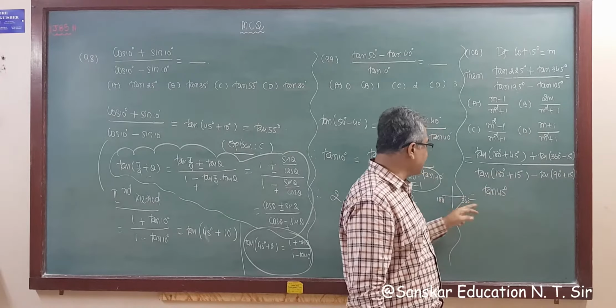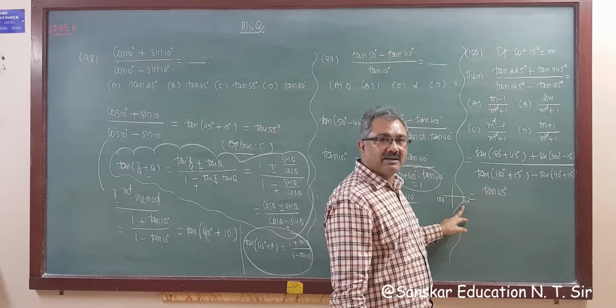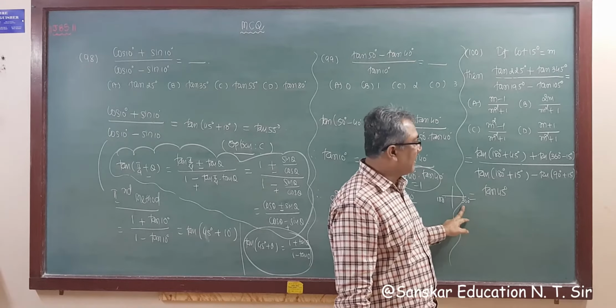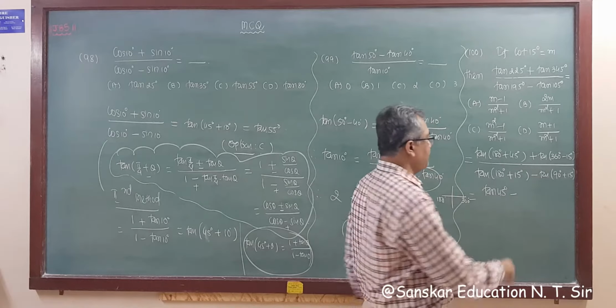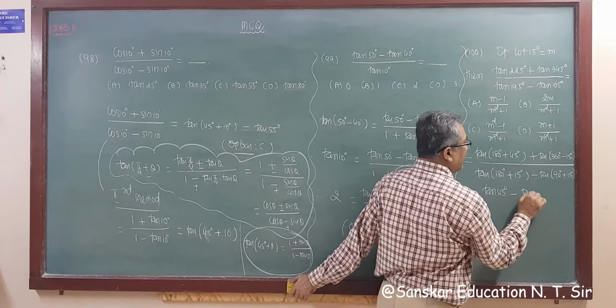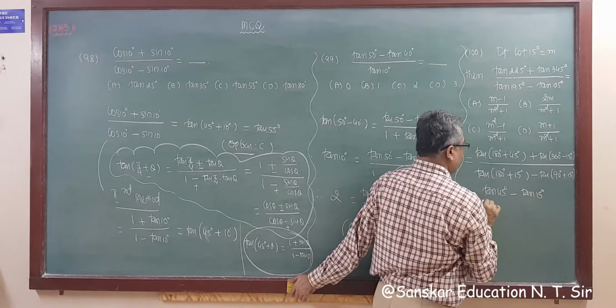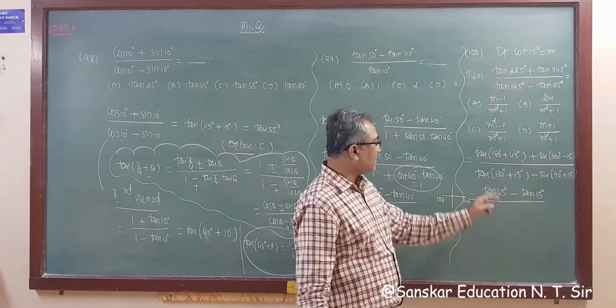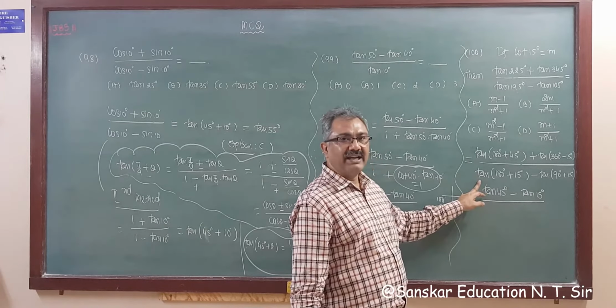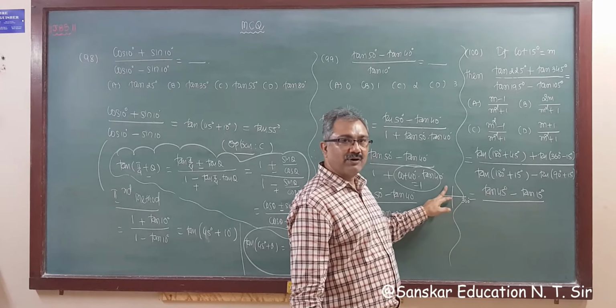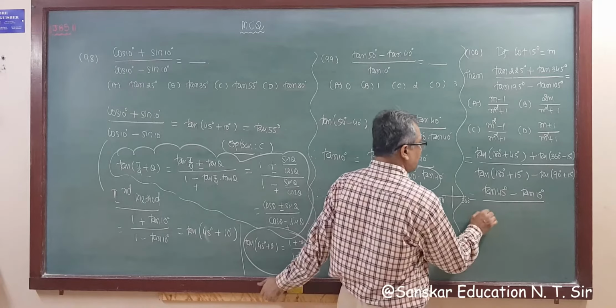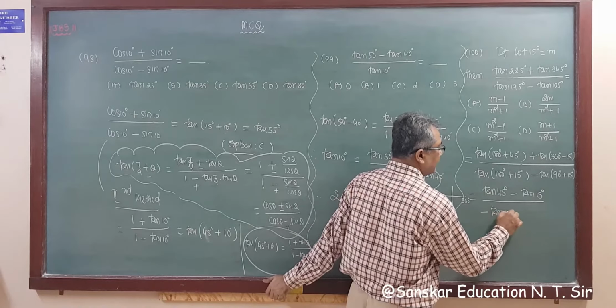So 360 minus, that is in the fourth quadrant, and in the fourth quadrant tan is negative, so minus, no change. So the answer is tan 15 degree, whole upon. This is 180 plus 15. 180 is here, plus, in the second quadrant tan is negative, so minus tan 15 degree.